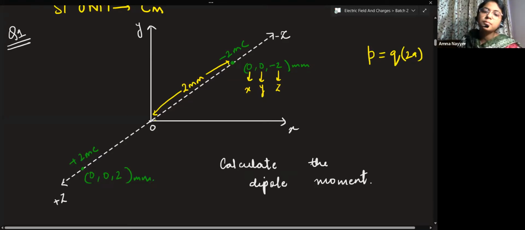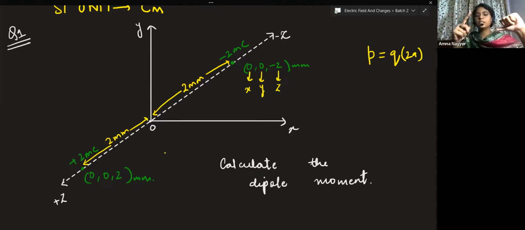Then from the origin the other charge, at plus 2, will also be 2 millimeters away. So 2 millimeters above and 2 millimeters below the origin. Total distance between the two charges is now 4 millimeters.